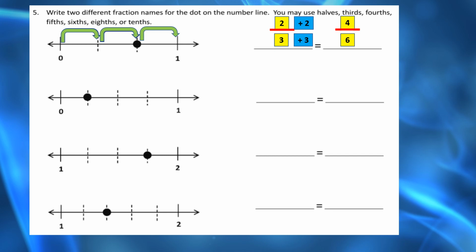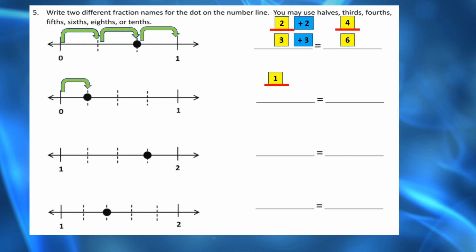Let's move on to the next model. I see my endpoints are 0 and 1. So I'm going to start at 0 and go to the dot to figure out what my numerator is. 1 jump. So that means my numerator or my top number is a 1. Now I'm going to go from 0 to my endpoint of 1 to figure out what my denominator is or my bottom number.